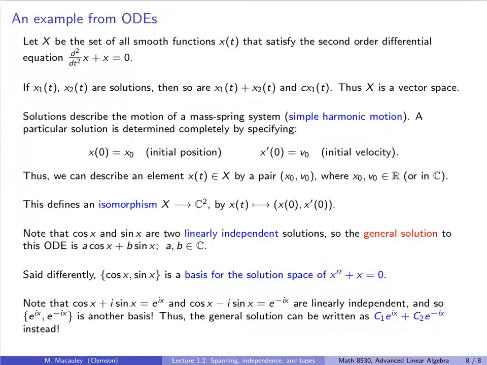Therefore, they also form a basis. The way you can think about this is your solution space is like this two-dimensional space, and here are your sine and cosine functions, but hey, here are two other functions that also are in that two-dimensional space, so they form a basis as well. So the general solution, if you want, can be written as c1 e to the ix plus c2 e to the minus ix instead.